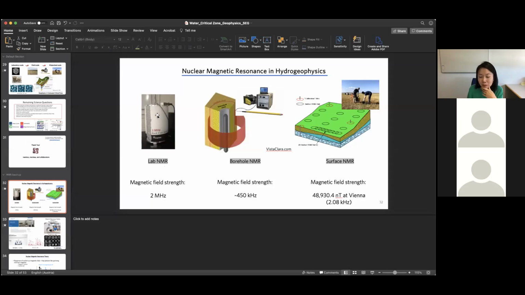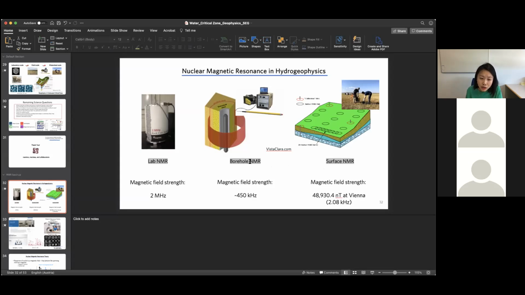This is our lab equipment, which is the one I believe Monika also has, maybe a slightly more advanced one. And this is a magnetic field of about 2 megahertz. And these are the other two NMR measurements in the field that I was introducing in my talk.